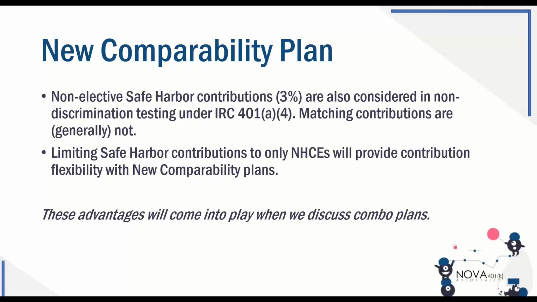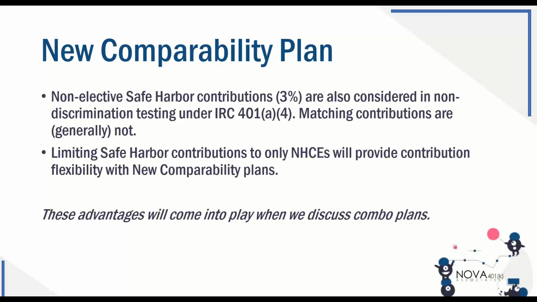The reason that we recommend the 3% non-elective is because matching contributions are not considered in non-discrimination testing in most of the tests. So the owner may be giving 3% as a safe harbor match, but they're not getting credit for that when we do the non-discrimination testing.